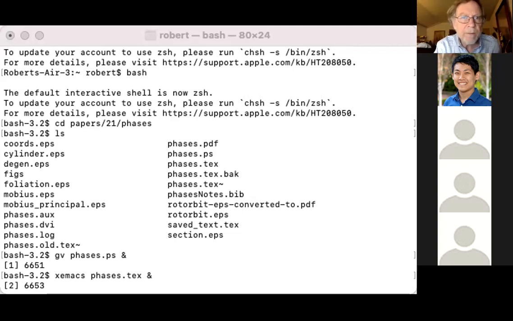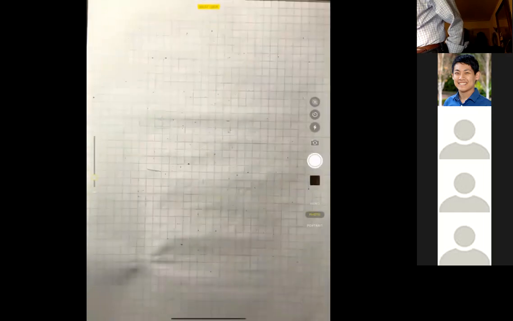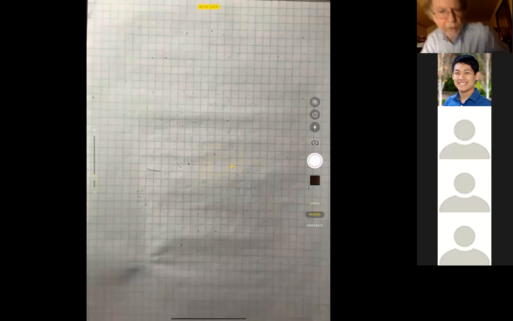Let me try it again. Let me do stop screen share. Hopefully we'll get this working in just a minute here. All right, let's try it again. Okay, I think that's got it. I think we're set up here. All right, can everybody see?